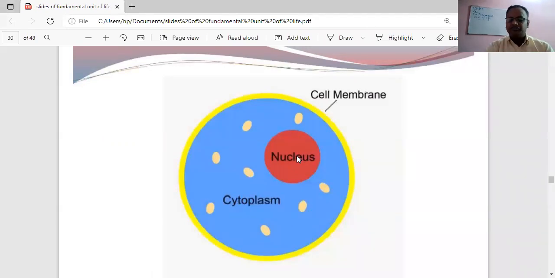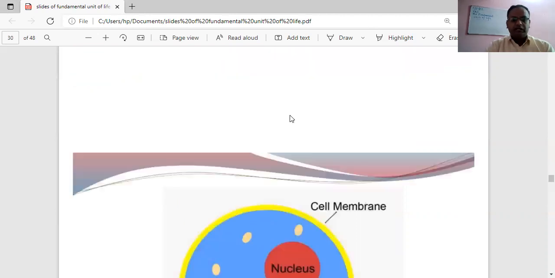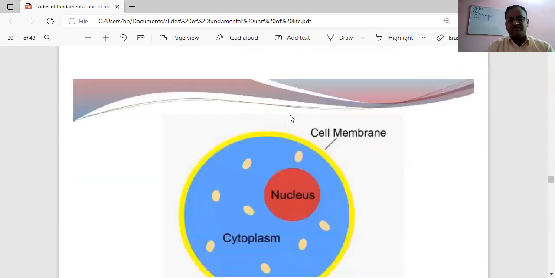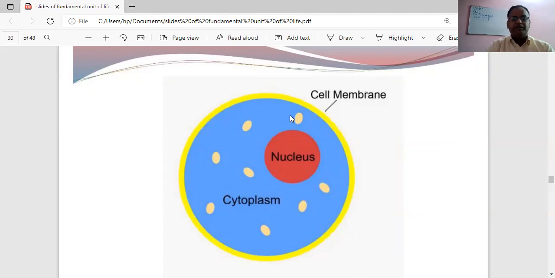The structure and the function of the nucleus will be our next topic of discussion. And this fluid-like material which is present inside, or surrounded by the cell membrane, in which the different cell organelles are there, is called the cytoplasm of the cell.